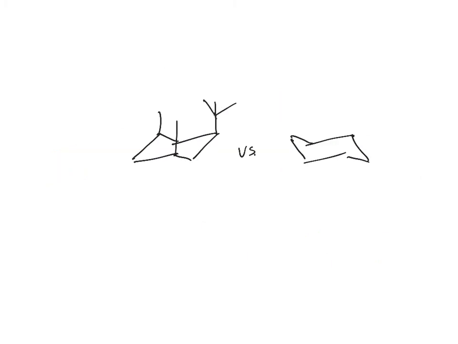So let's examine some chair conformations, and let's think about something. These 1,3 diaxial interactions. What they are is essentially when substituents are in the axial position, right, because these are all axial up right now.